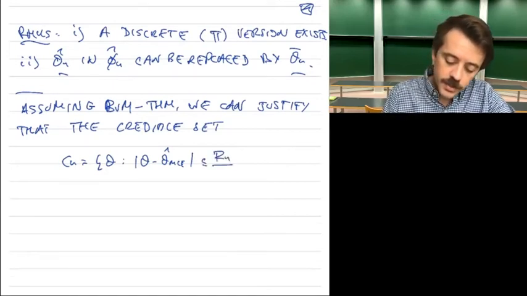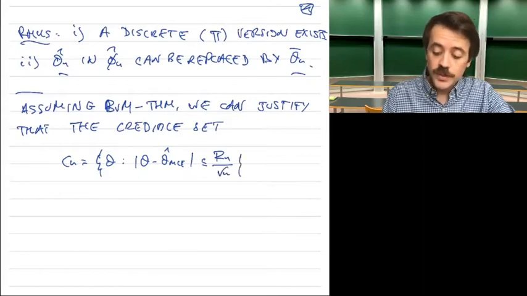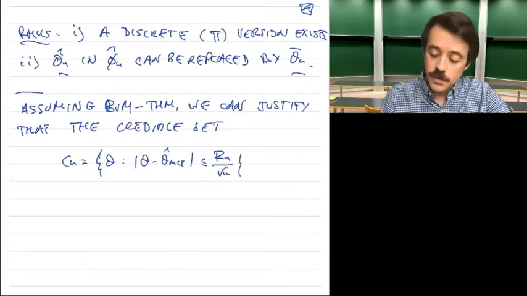So this difference is no more than Rn over square root of n, where Rn is really the key thing here.